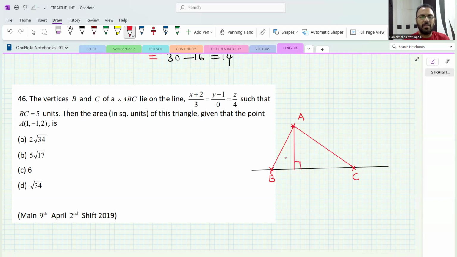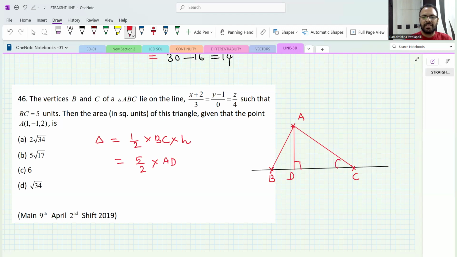They are asking what is the area of the triangle, right? So area of triangle is equal to half into BC into height H. So this is nothing but 5 by 2 into the length of the perpendicular distance from the point A to the line L. So that is AD.